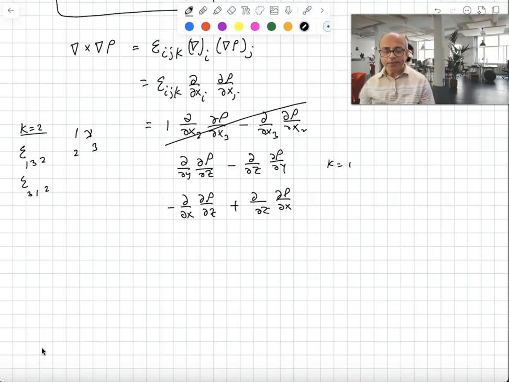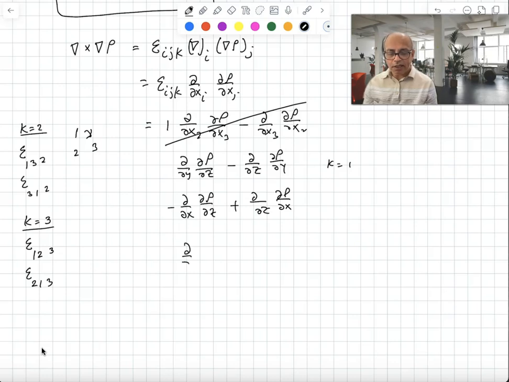Similarly, I'll go for k equals 3. So k equals 3, epsilon 3, and then you think of the options 1, 2 and 2, 1, 3. So 1, 2, 3: 1 is x, 2 is y.